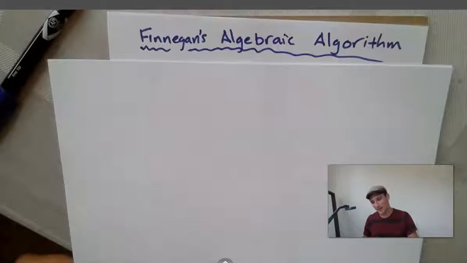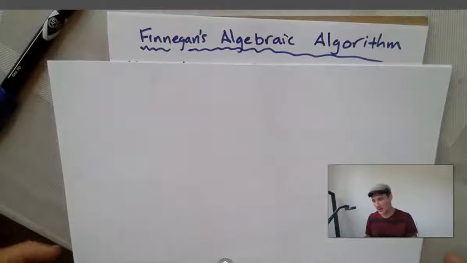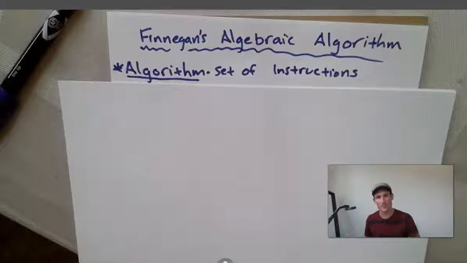Okay, so an algorithm, that's a computer science term like coding, that kind of stuff, right? An algorithm is just a word that means it's a set of instructions, right? So if you're going to write an algorithm to make a peanut butter and jelly sandwich, you would start by saying, take 2 pieces of bread, get your knife, get your peanut butter, get your jelly, open the jar of the peanut butter, so forth and so on.